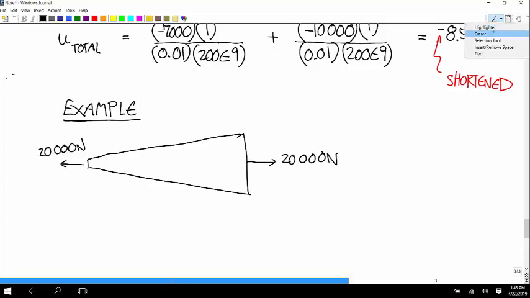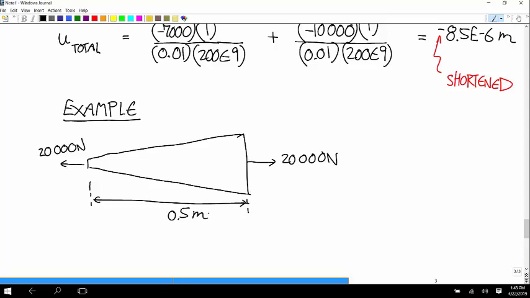Let's say the whole thing has a length of half a meter. And let's say the cross section is square the whole time.